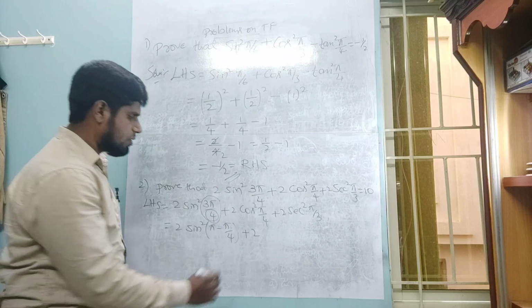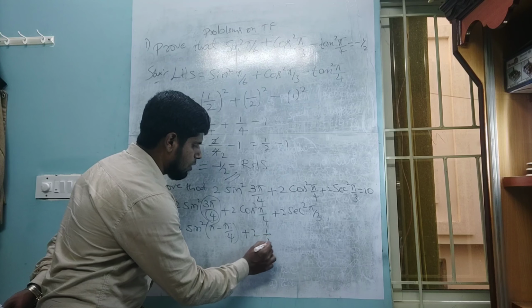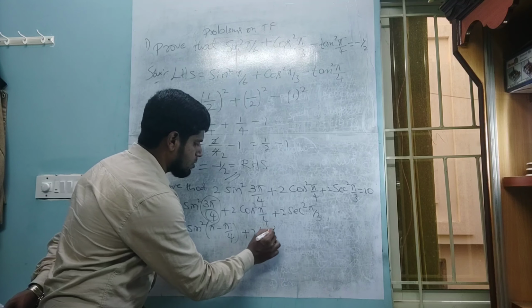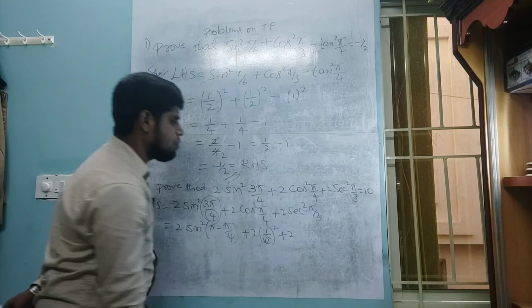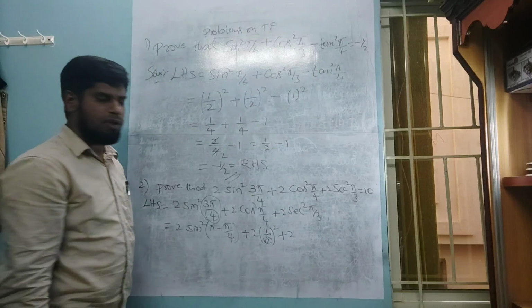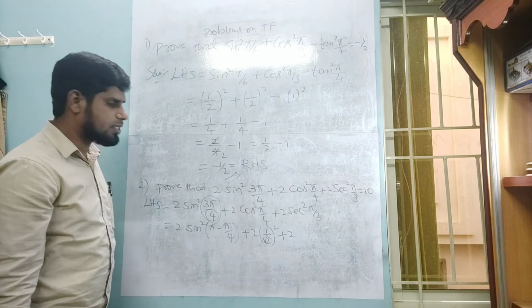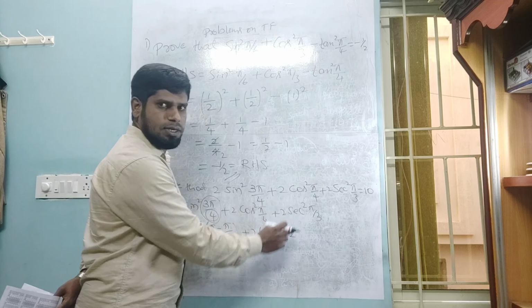Cos pi by 4 is cos 45 degrees, which is 1 by root 2, and this has a square. Plus 2 secant square pi by 3. Students, if you are finding secant difficult, let us take the cos function, because secant and cos are reciprocal to each other.